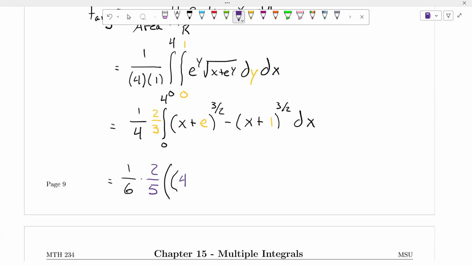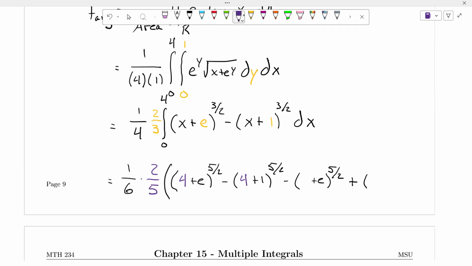This will be 4 plus e to the 5/2 minus 4 plus 1 to the 5/2, minus 1 plus e to the 5/2, minus a negative.